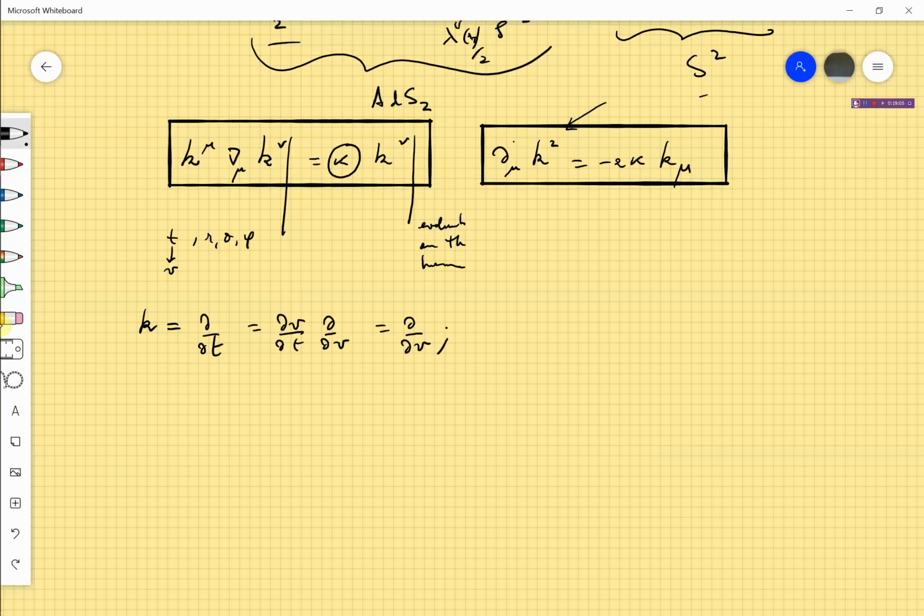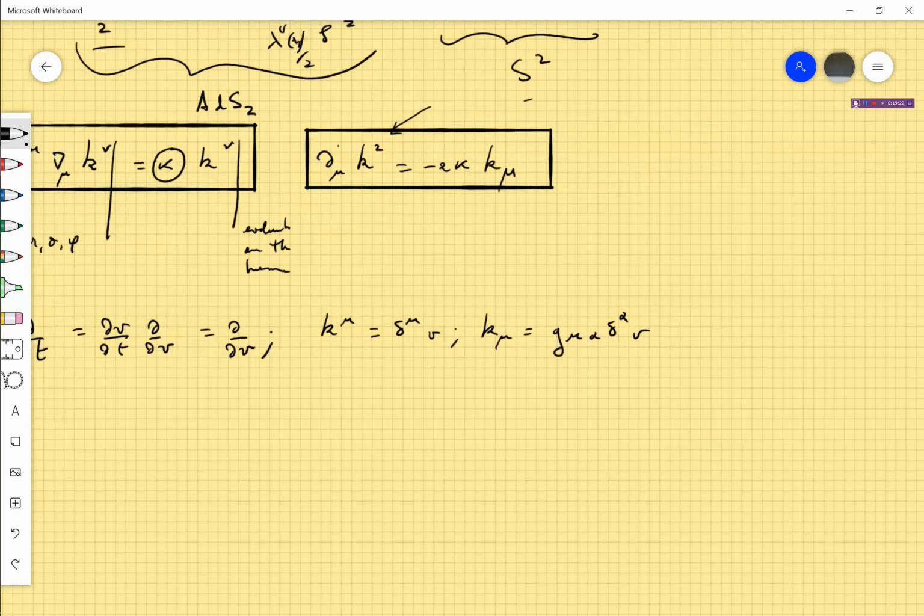Okay, then if k mu, which is the only component, is delta mu v, this means that if I lower the index, then this is g mu alpha delta alpha v, and this is just g mu v.